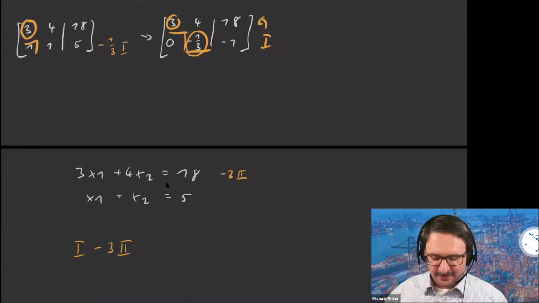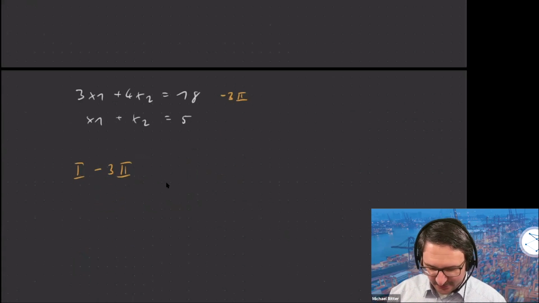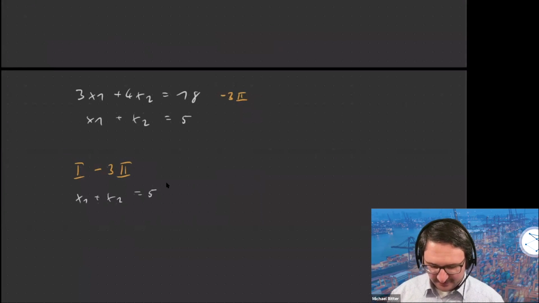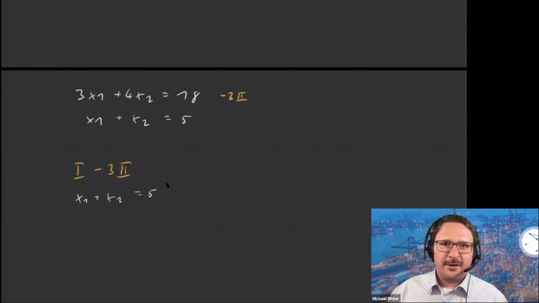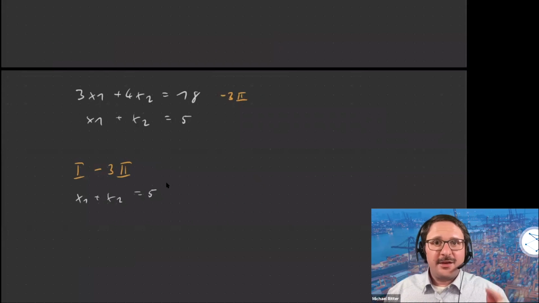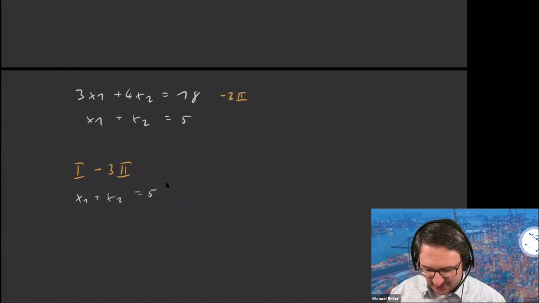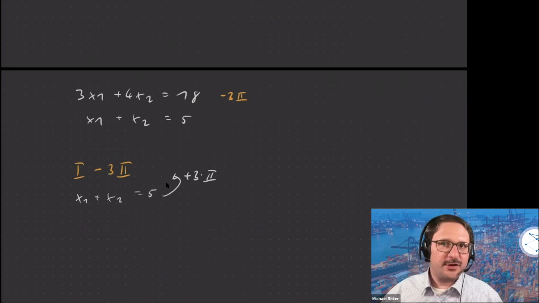On the other hand, if I have this new equation plus my old one, this here, then it's easy to obtain the original equation back using the same idea. I can just take this one and add it back to the new first equation. And then I obtain the old first equation.